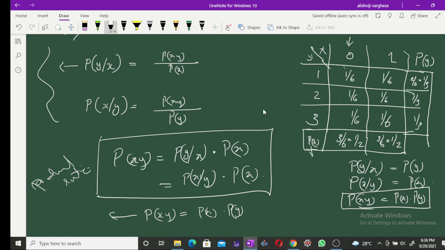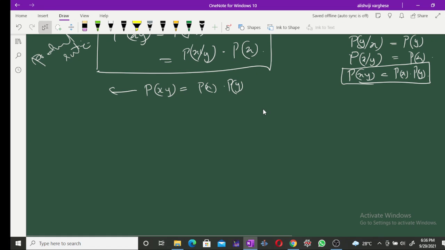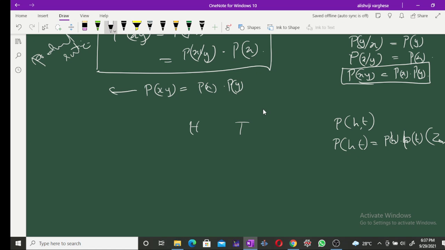If I select a person and measure his or her height, our random variables are height and weight. So we have two random variables h and t, and a probability density function pht. Our question is whether pht is equal to ph into p of t, whether it is true or not.